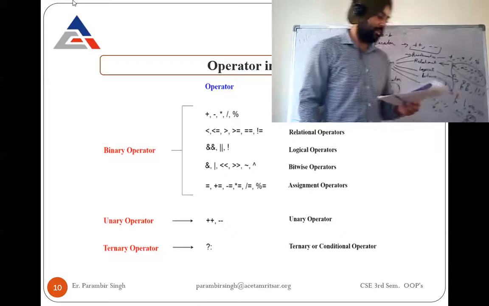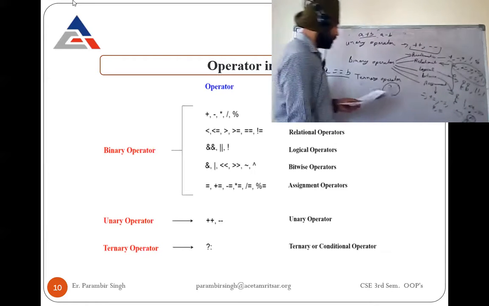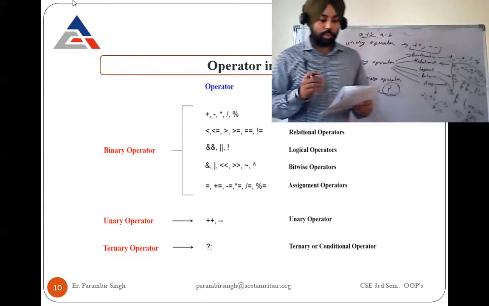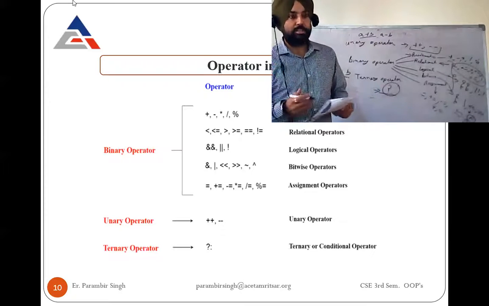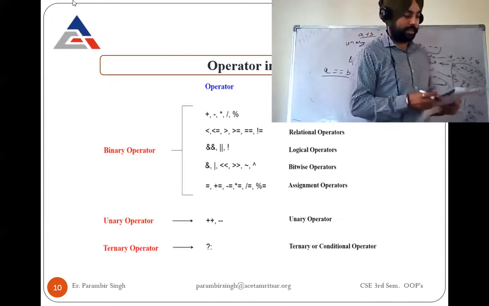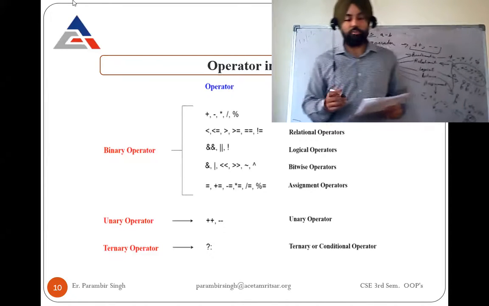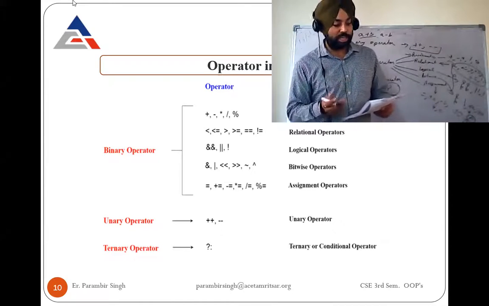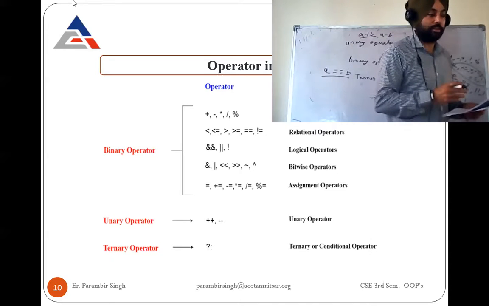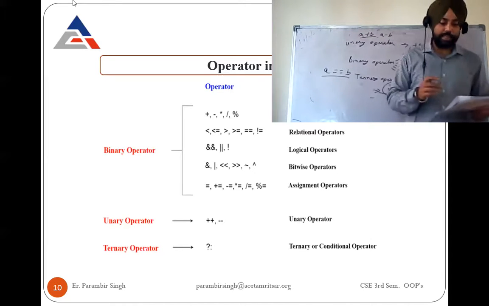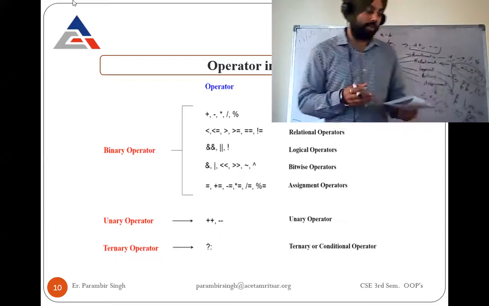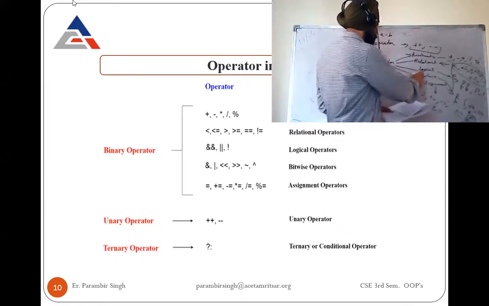Next are the logical operators. Logical operators are used to combine two or more conditions, or to complement the evaluation of the original condition under consideration. The result of the operation of a logical operator is a Boolean value, either true or false. Next is bitwise.